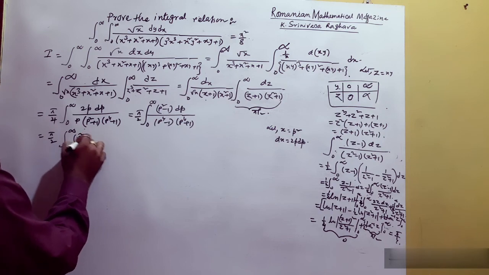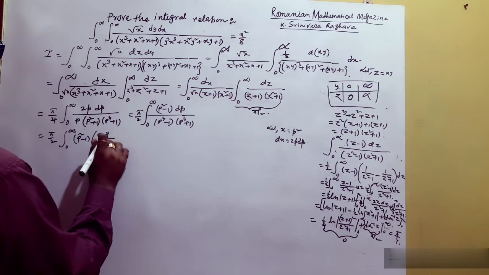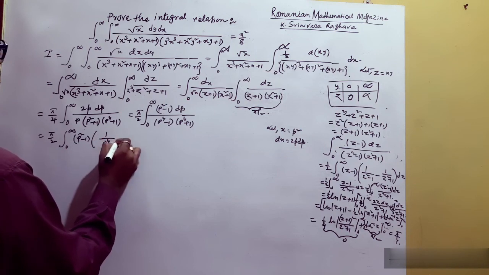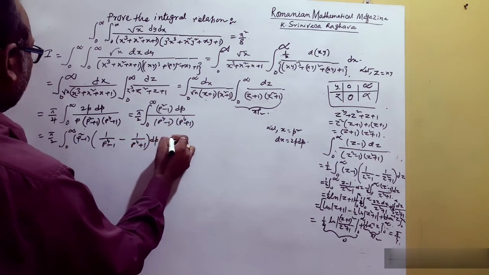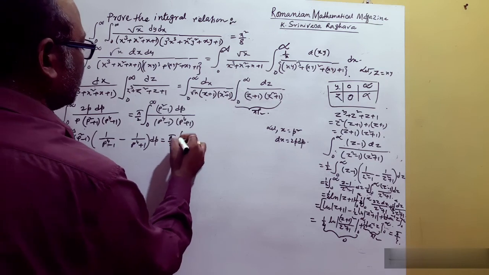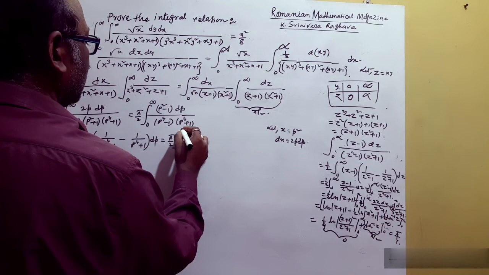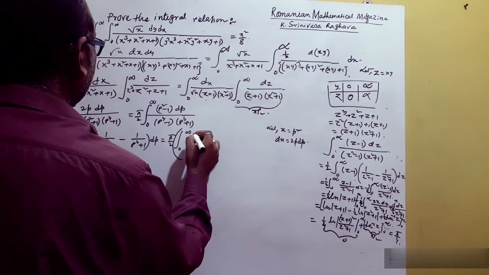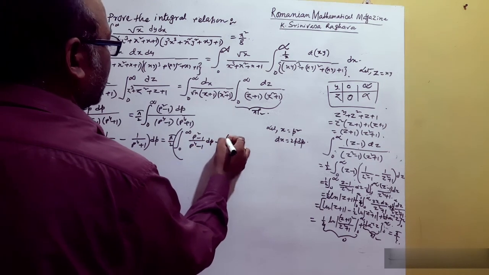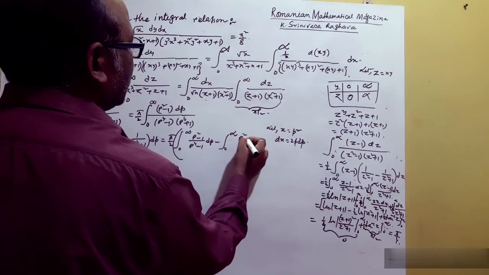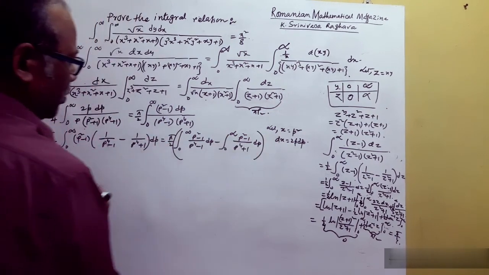And now p square minus 1, doing as a partial fraction, p to the power 4 minus 1, p to the power 4 plus 1, and this is dp. This is pi by 2, 0 to infinity, and within the bracket, p square minus 1 over p to the power 4 minus 1, dp, 0 to infinity, p square minus 1 by p to the power 4 plus 1, and dp.